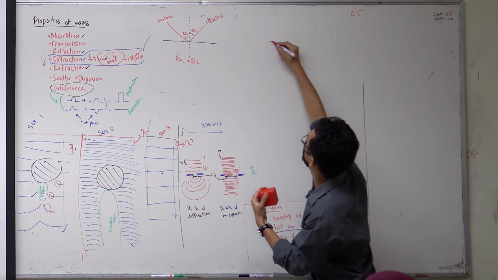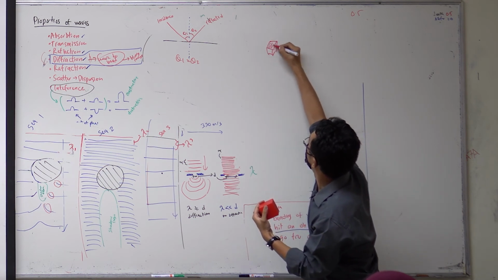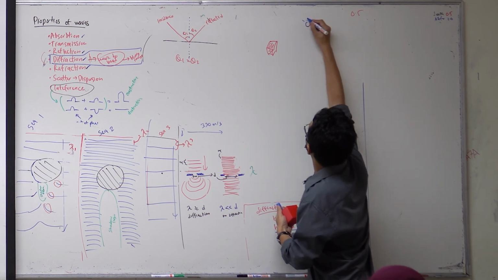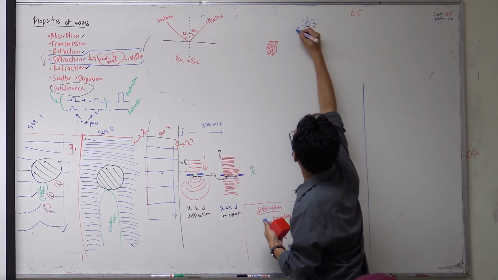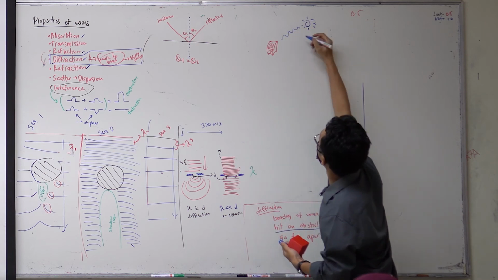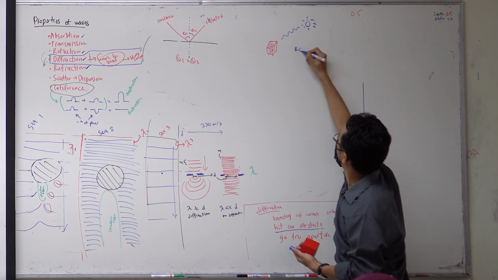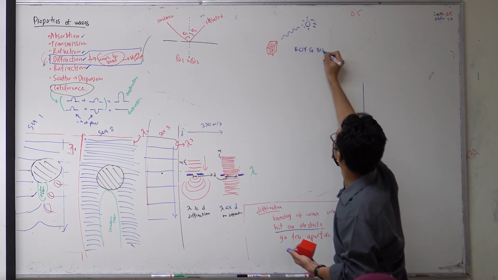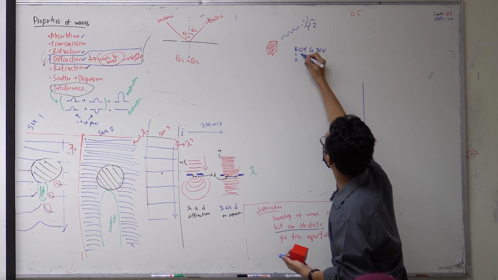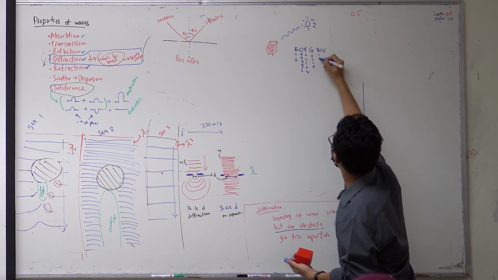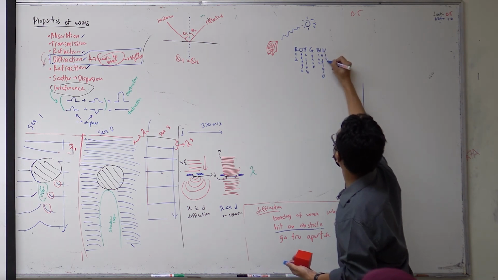But in this red cube, the light comes here, and the light is made up of the electromagnetic spectrum, and we know the 7 rainbow colors are what? Roy G. Biv. Red, orange, yellow, green, blue, indigo, and then violet.